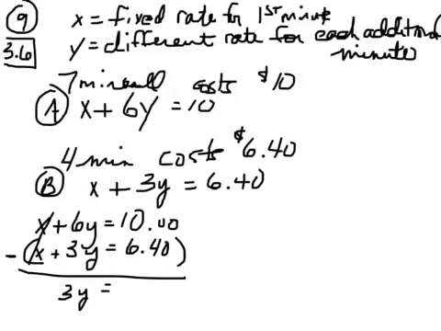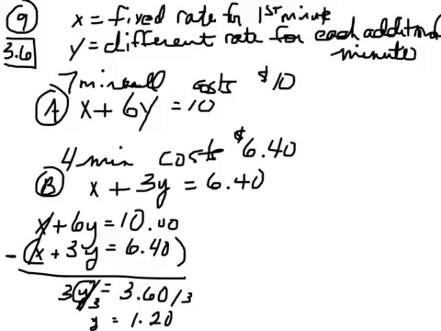Okay, so we got 3y on the left-hand side, or 0 plus 3y, which is 3y. Now, we have $10 minus $6.40. That would be $3.60. So now if I divide both sides by 3 to get y by itself, y would be 360 divided by 3, which is $1.20.